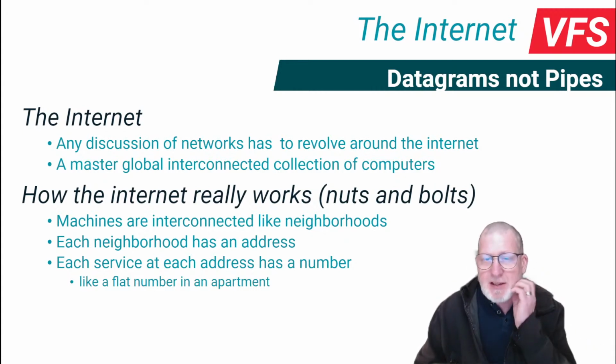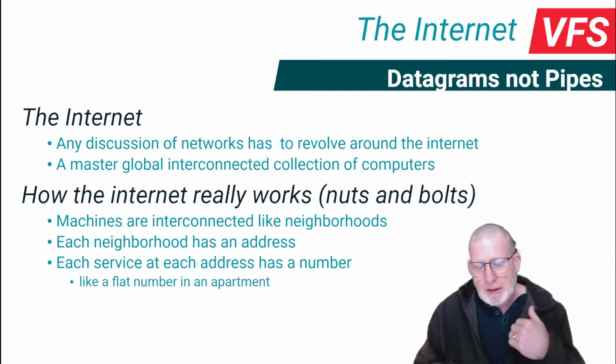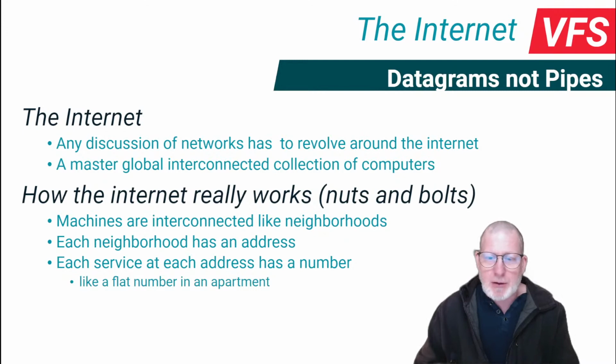Some of you may have seen some of this stuff before, certainly heard about certain aspects as you've played games or worked on things. But when we're talking about those addresses, we're talking about an internet address or an IP address, an internet protocol address. And those addresses uniquely identify a computer on the network.